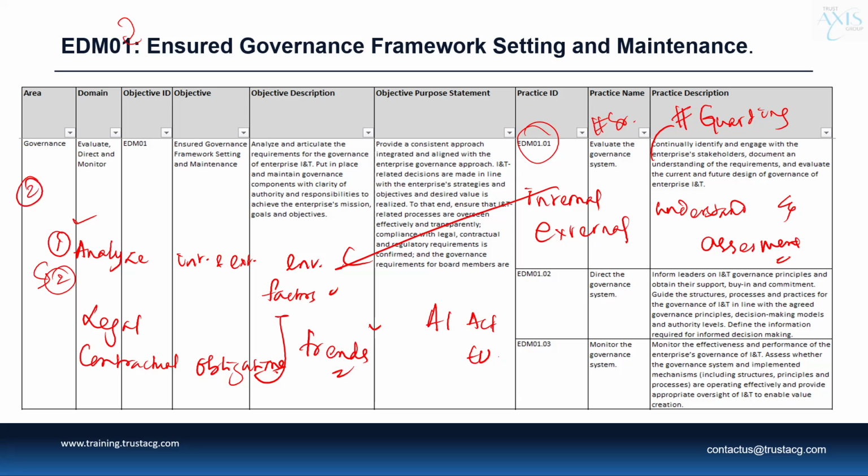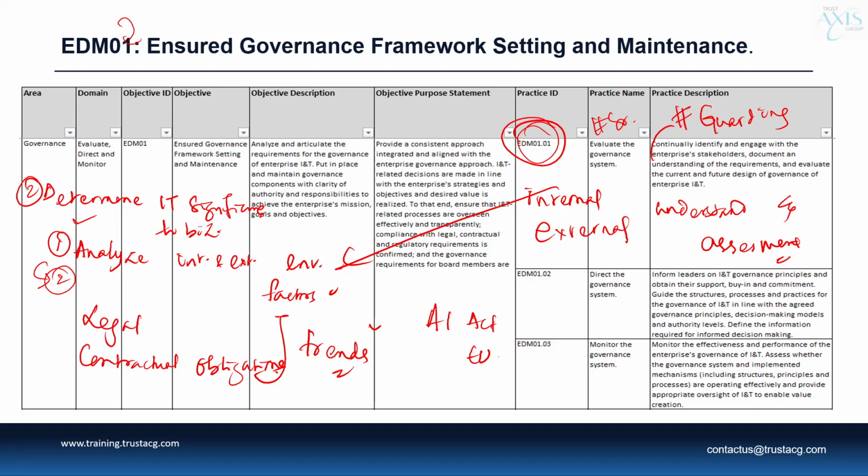This is the second activity that you should be doing to achieve this EDM 1.01 practice, that is, determining your IT significance to business, right? Now, you will have to do an assessment of how critical IT, which involves information as well as technology, is to achieving the objectives of the enterprise in general, and how governance should reflect that importance.